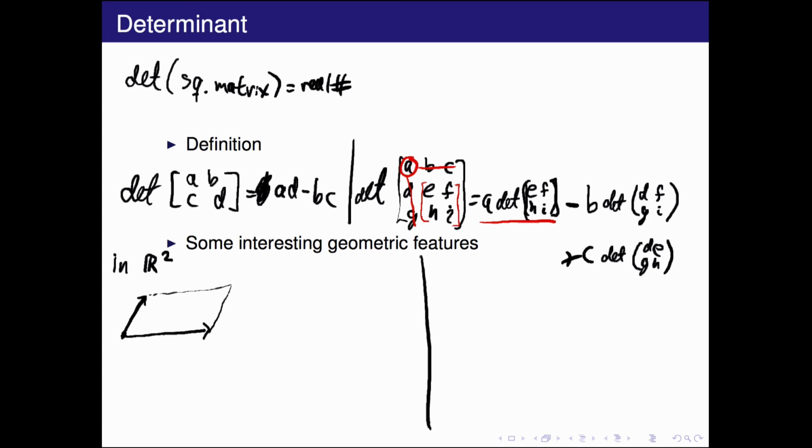If you build a parallelogram and just tell me the vectors that are created by two of the sides, let's call them V and W, then the determinant of the matrix you get by putting V and W as rows, it also works if you put them in as columns, that's one fact about the determinant. The determinant of this matrix measures the area of this parallelogram.